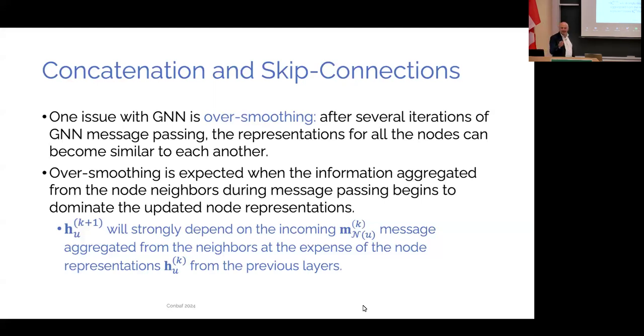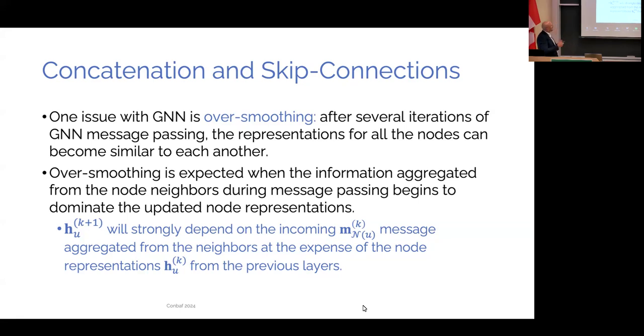One important thing that I wanted to highlight, and that was coming out in the discussion before, is the fact that in message passing, if we go too far from the node, we are aggregating information from very distant nodes, and this has the effect that the vectors that we use to represent the nodes are almost all the same. So we are not able to distinguish the nodes in the graph anymore, and this is called the oversmoothing phenomenon.